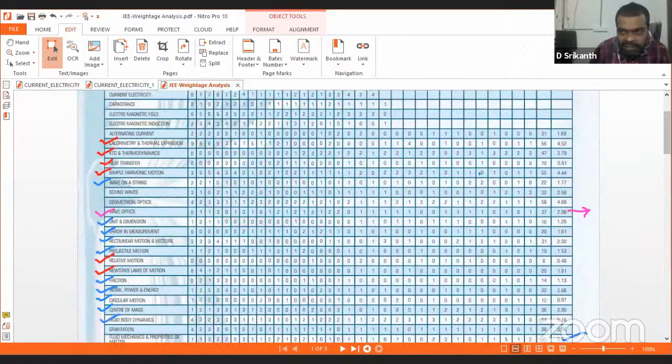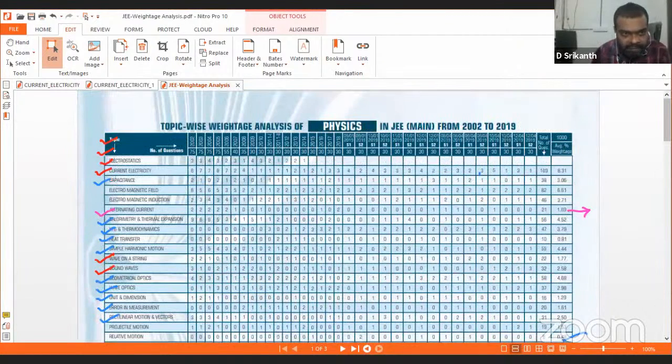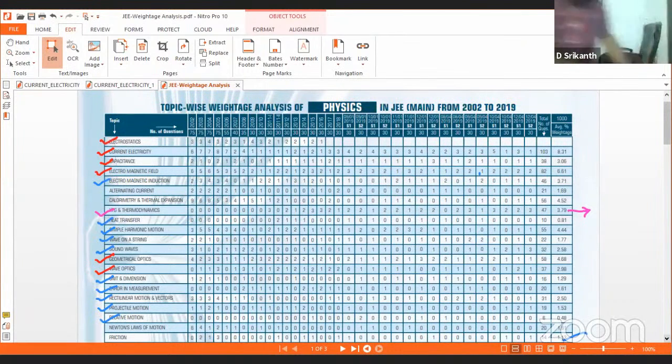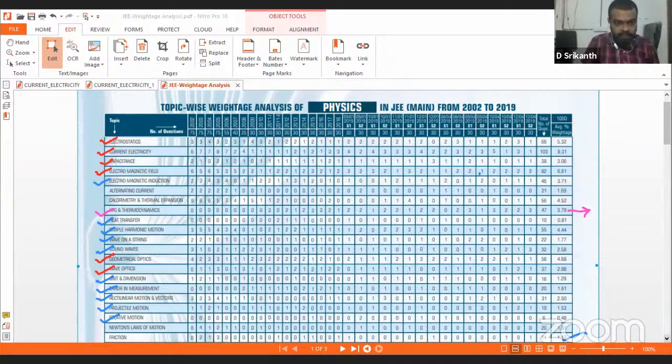First, note on this. Now you can see the red mark shows what you need to complete in the first round.